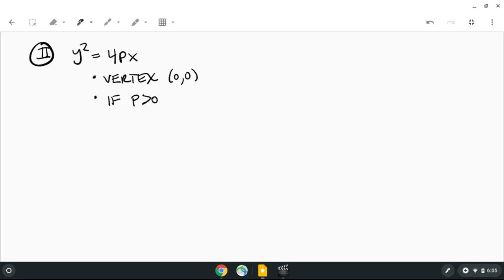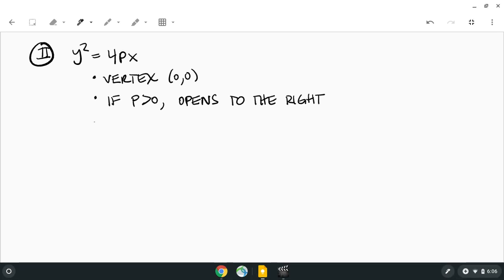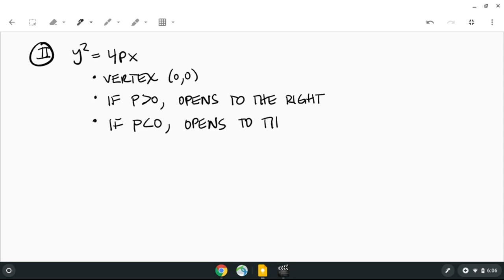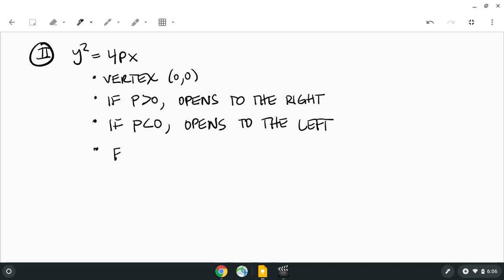And if p is positive, it will open towards the positive sideways, so it opens to the right. And if p is negative, then it opens towards the negatives, which is to the left. And your focus will be at p, 0.